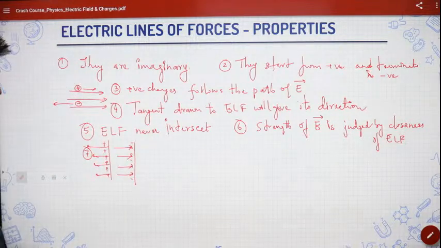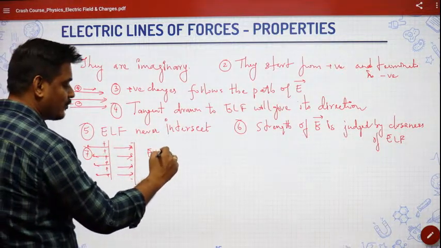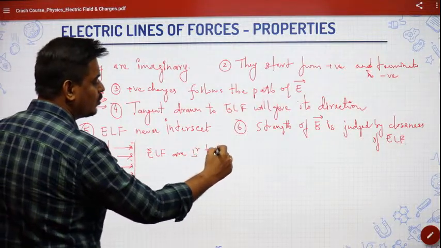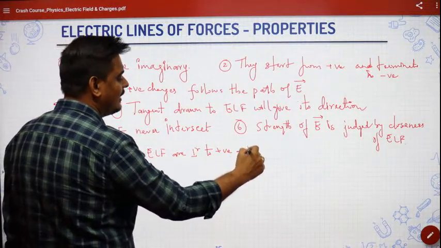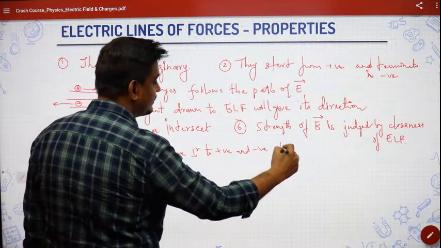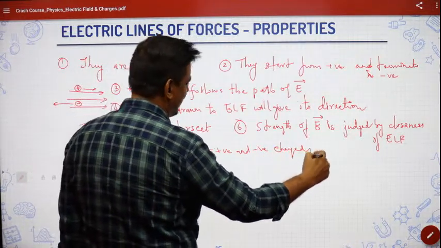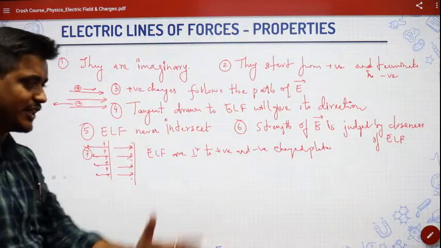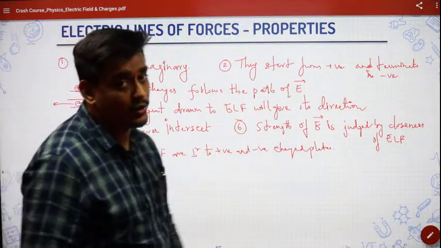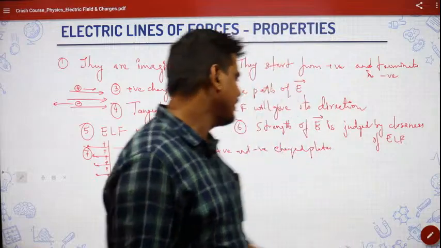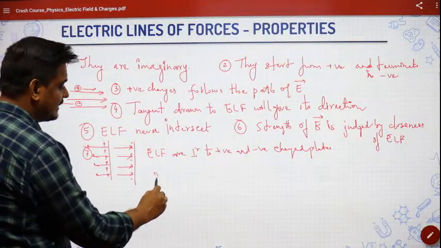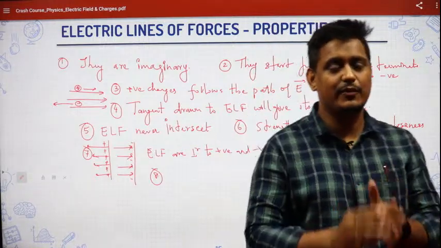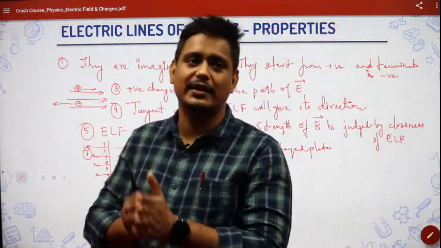I hope you're understanding this, that electric lines of forces are perpendicular to positive and negative charged plates. So if you have a negatively charged plate or positively charged plate, the electric field will be perpendicular to it. Remember that. One more important property about electric lines of forces is that they will never pass through a conductor.